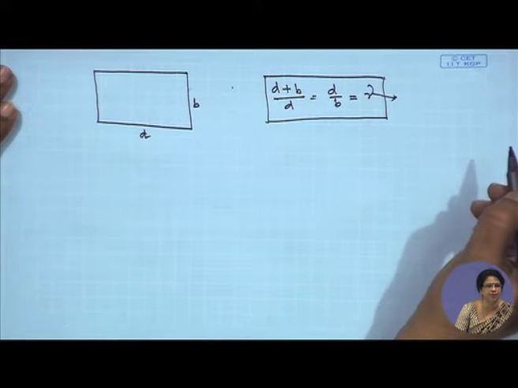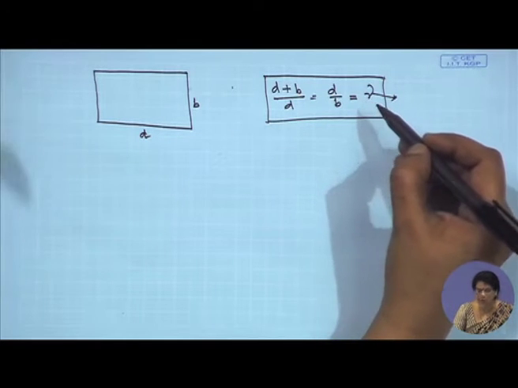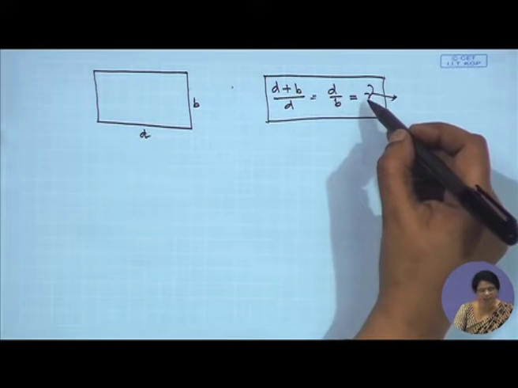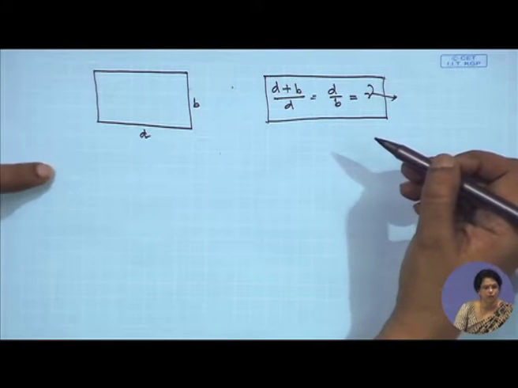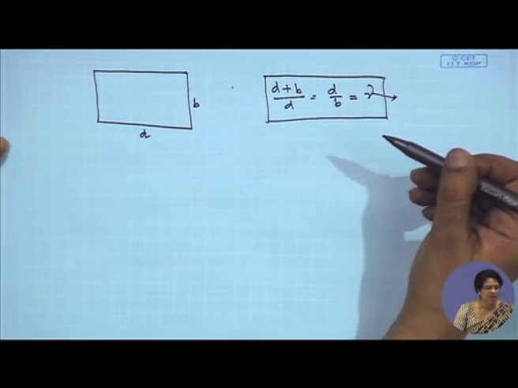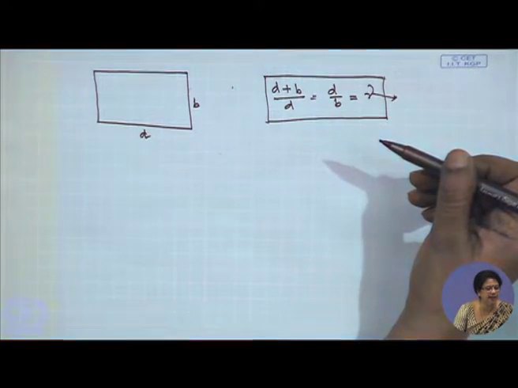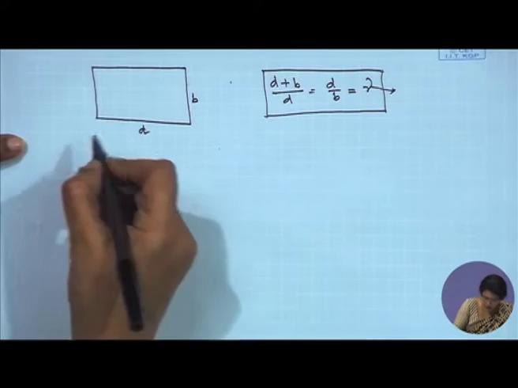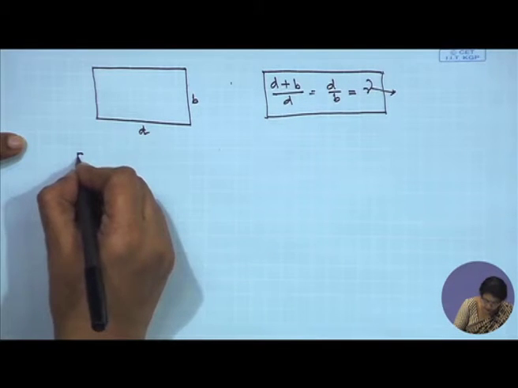We have seen that after this, gamma has been associated with this optimization technique. Not only that, gamma has been associated with the Fibonacci numbers in this way. Why do we say gamma is equal to the limit as n tends to infinity of fn by fn minus 1? Because we know it starts from f0.